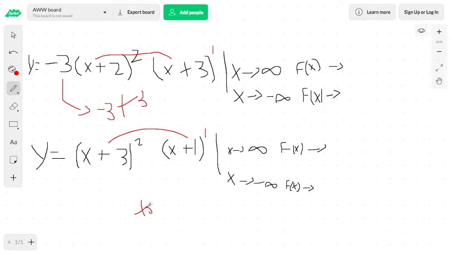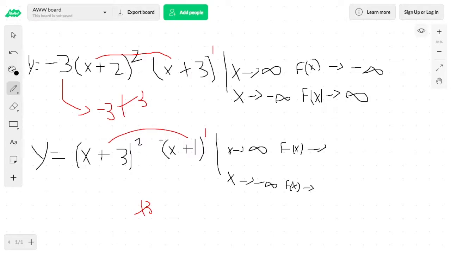Now, knowing this and the information we had before, a negative coefficient with an odd exponent means that when x goes to positive infinity, f of x becomes negative infinity, and when x goes to negative infinity, f of x is positive infinity.